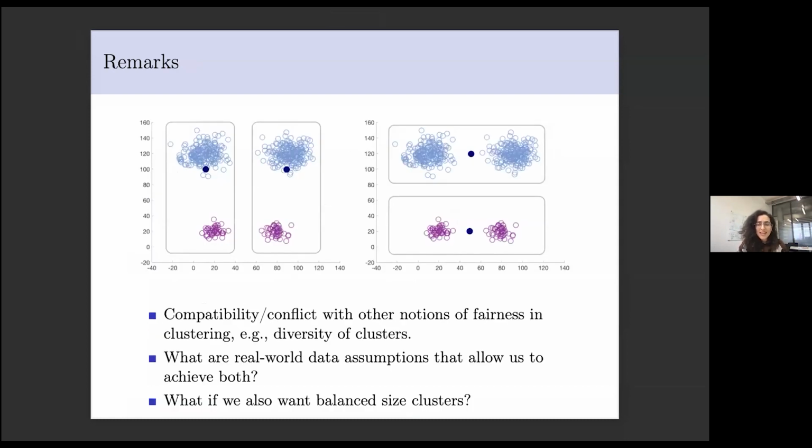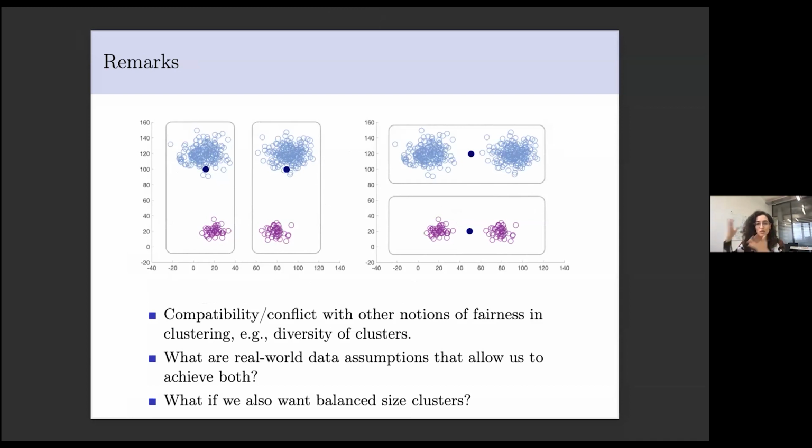And finally, as I promised, I come back to this example that I showed at the beginning, and hopefully this could be a point for discussions after the talk. When we talk about the min-max fairness, the notion of fairness that we discussed during this talk, the clustering on the right is more equitable compared to the clustering on the left, but it's resulting in a clustering that has zero diversity, right?